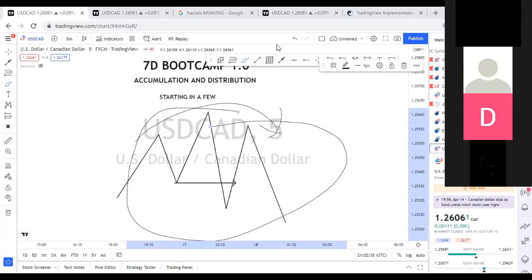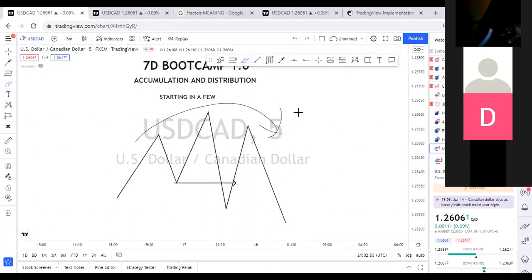All right. Now that you have understood the concept of distribution in a bullish structure, let me explain it this way. Many of us know what we call a break and retest, right?